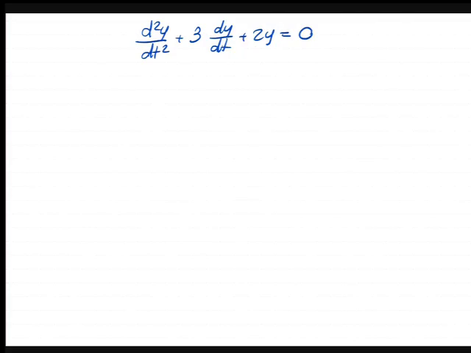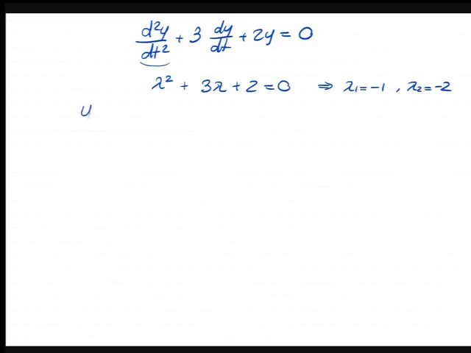The way to do this is to write the so-called characteristic polynomial, lambda square, because this is the second derivative. This lambda is really just like our s, and you'll see that in a second. 3 lambda for the first derivative plus 2 equal to 0. You solve for the roots. Lambda 1 will be negative 1. Lambda 2 will be negative 2.